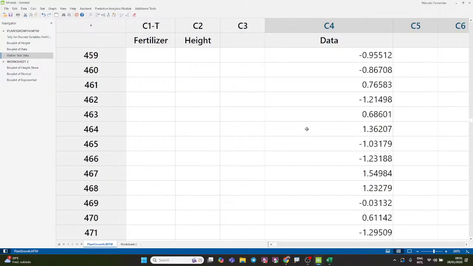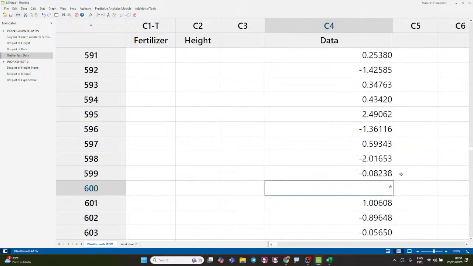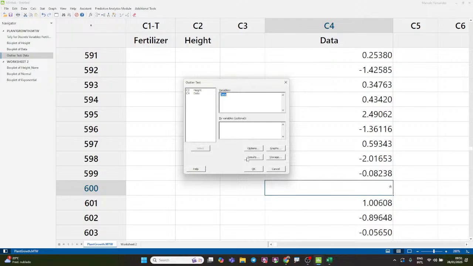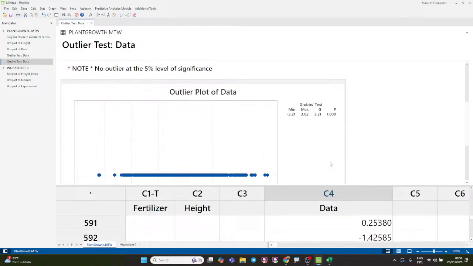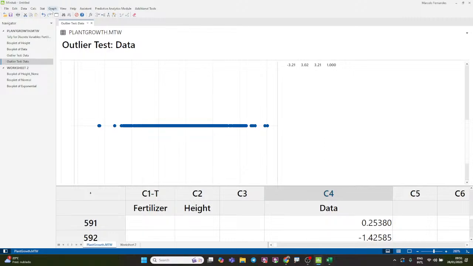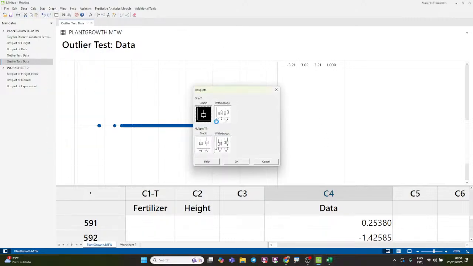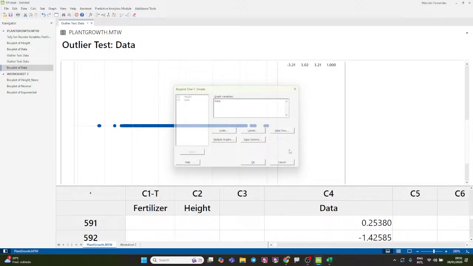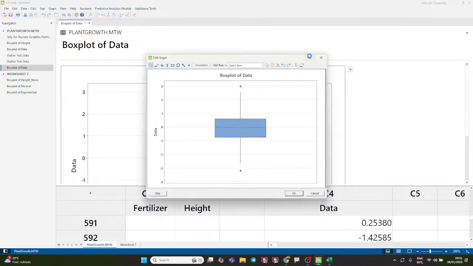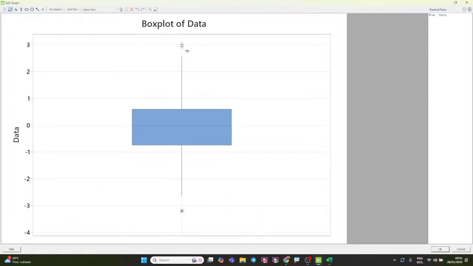Let's suppose we don't have 600, this data point here. So let's run the outlier test again. So we don't have outliers, but if you run a box plot, you will see that we are still seeing outliers. We are still seeing outliers, okay?